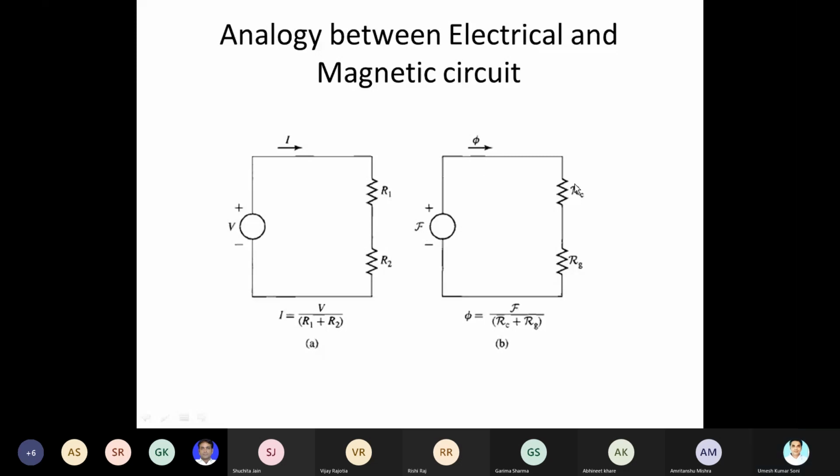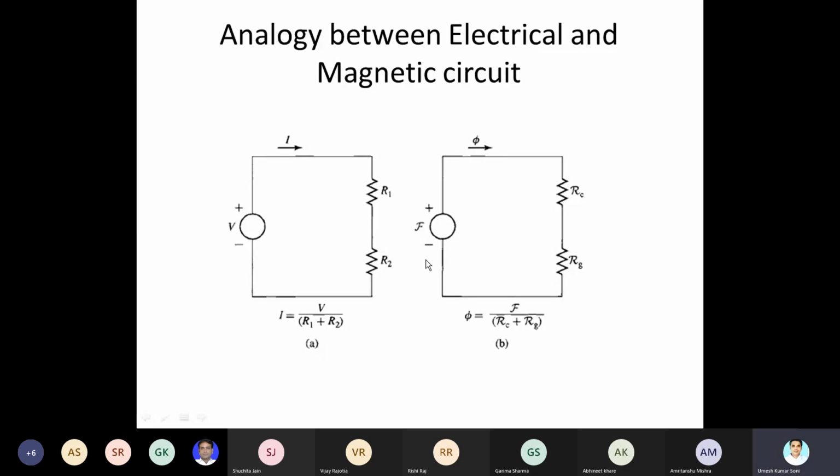This is the series combination of reluctances, and the sum of the individual MMFs, HC into LC and HG into G, is equal to the total MMF set up by the source.